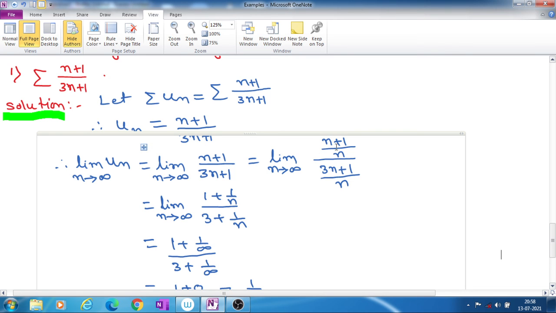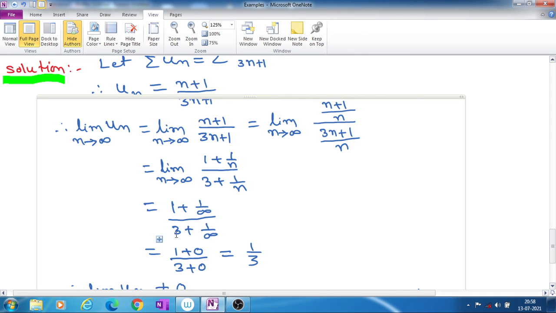Dividing n plus 1 by n, we get 1 plus 1 upon n, and dividing 3n plus 1 by n, we get 3 plus 1 upon n. Now take the limit as n tends to infinity.